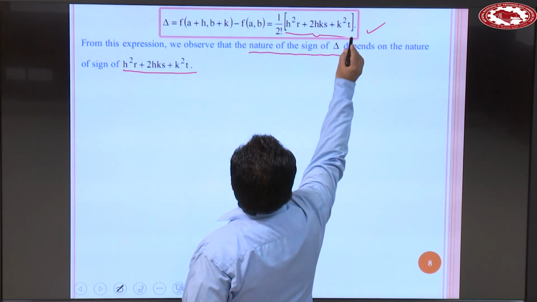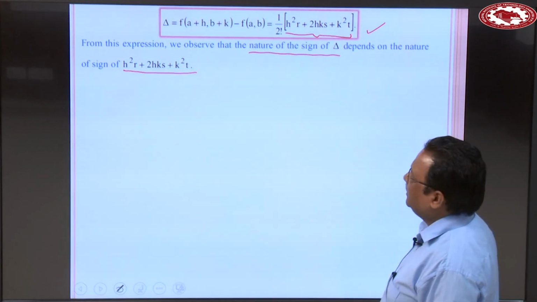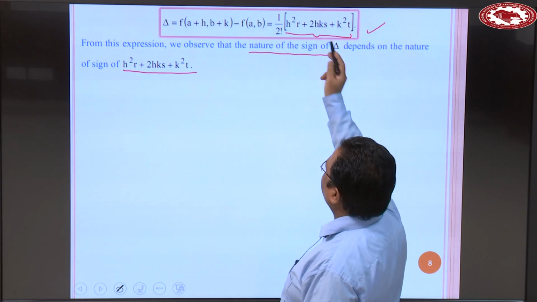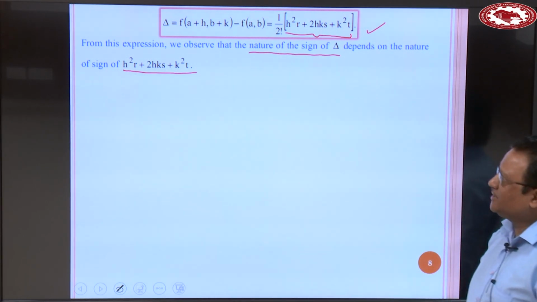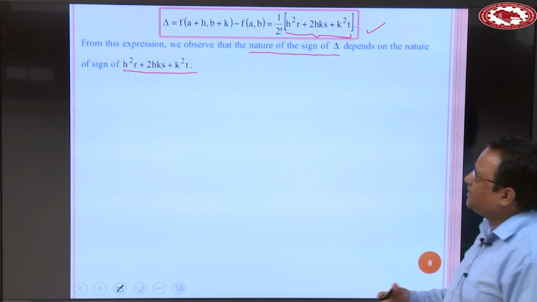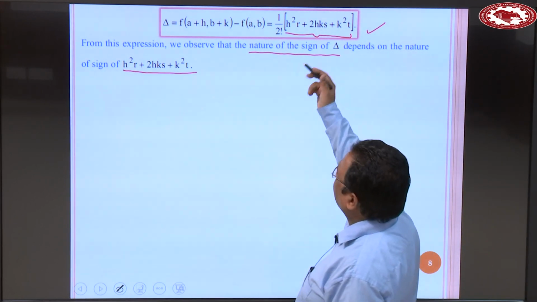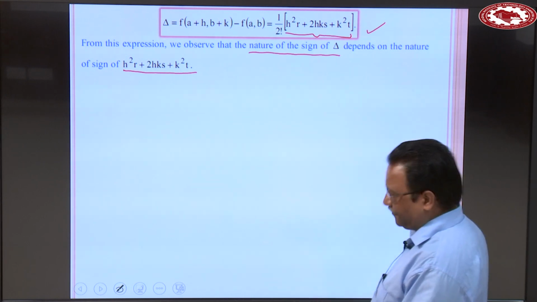Del is positive if this one is positive, del is negative if this one is negative. So the sign of del depends upon the sign of this bracketed term.